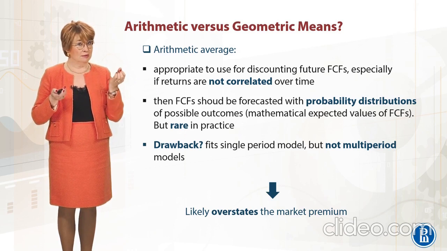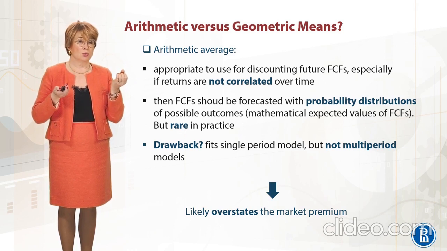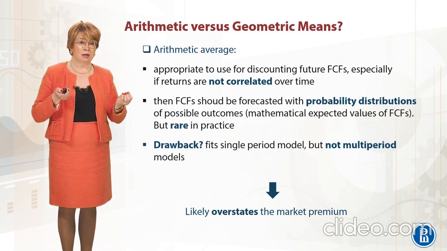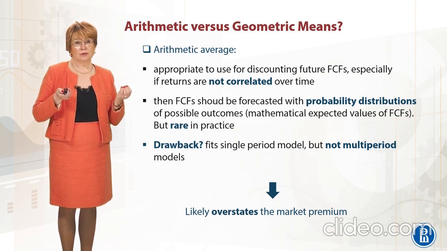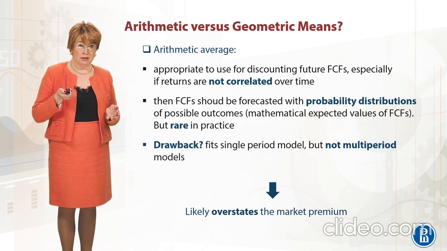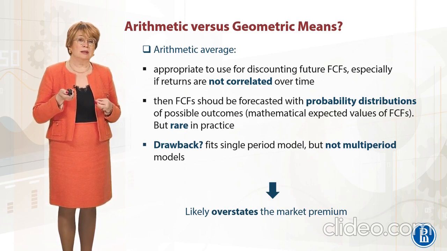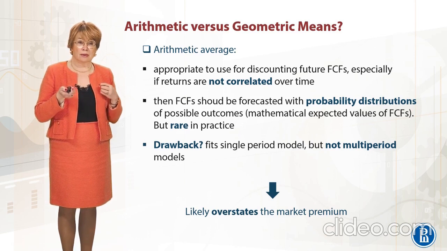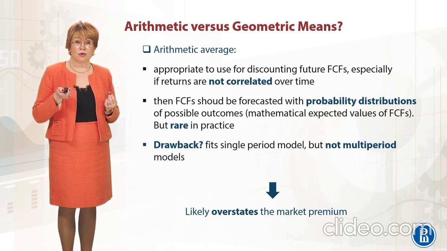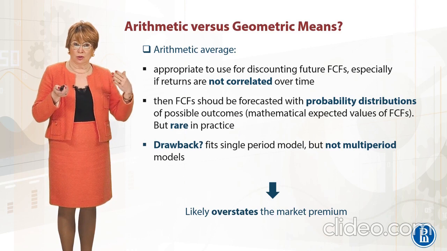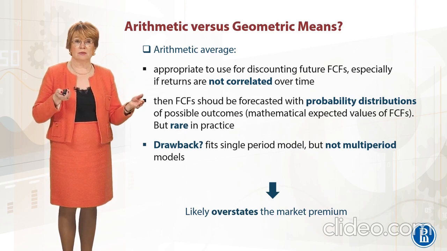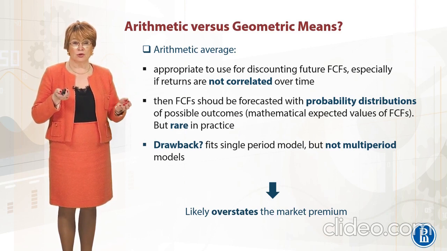Next, a very important argument of those who want to follow arithmetic means versus geometric means. In case you are applying the arithmetic average, the most accurate approach would be to make the forecast of your future cash flows, because you are now looking for the components of the discount rate for your future cash flows.